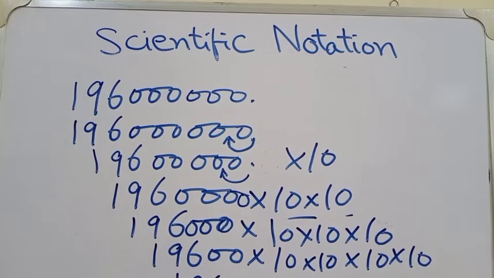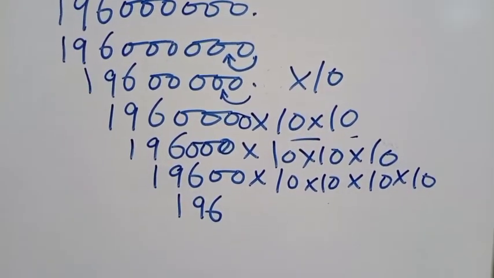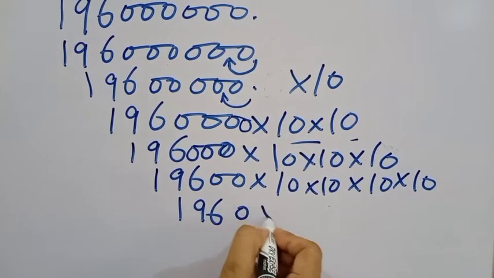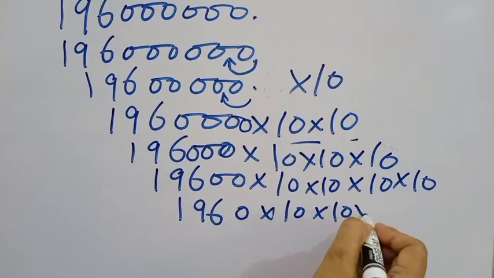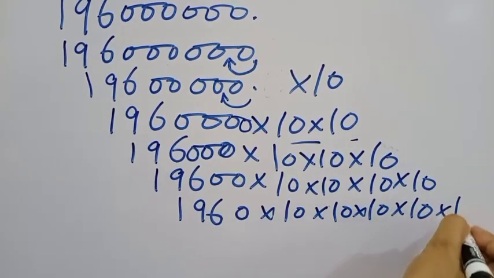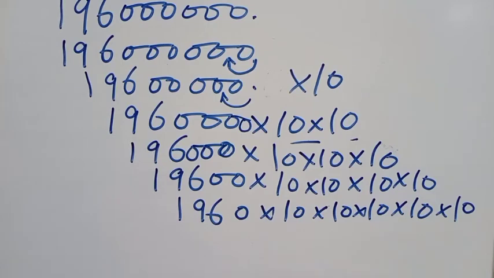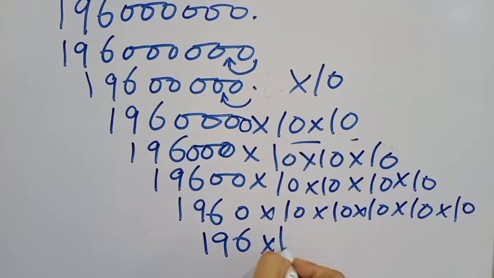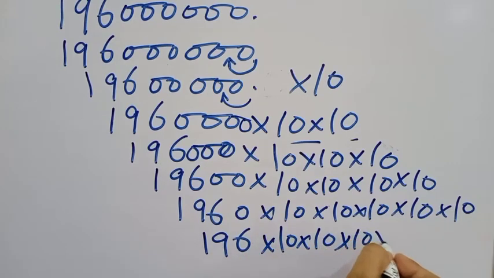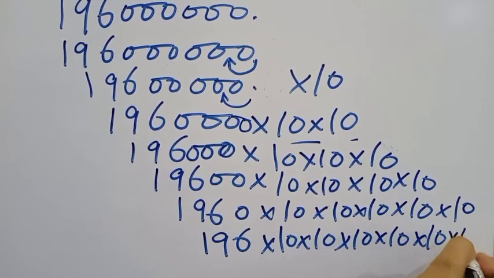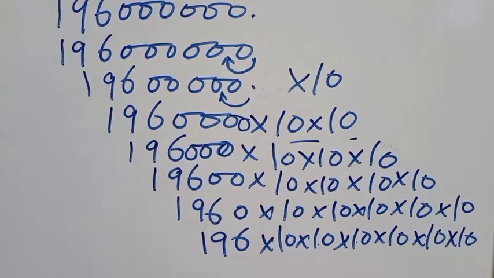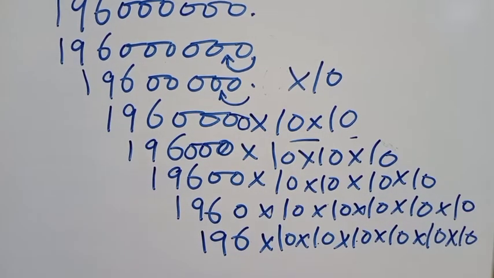And next we have 1 2 3 4 5 6. We have 6 tens here.